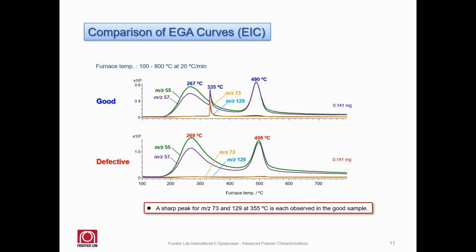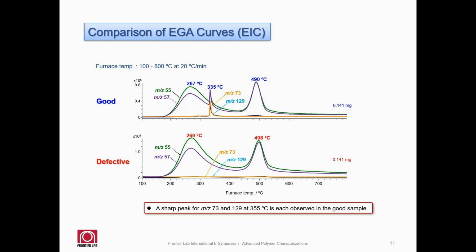We have seen that m/z 73 and 129 is clearly visible at the 335 degrees peak, whereas you can see the common peaks appearing at m/z 55 and 57, and 269, which might be the characteristic ions for hydrocarbons such as oils. So even this will not give us the entire idea of what is wrong with the sample.